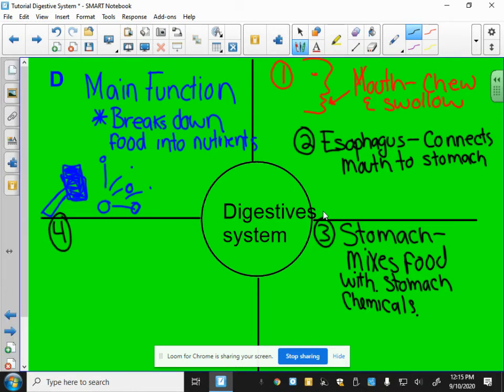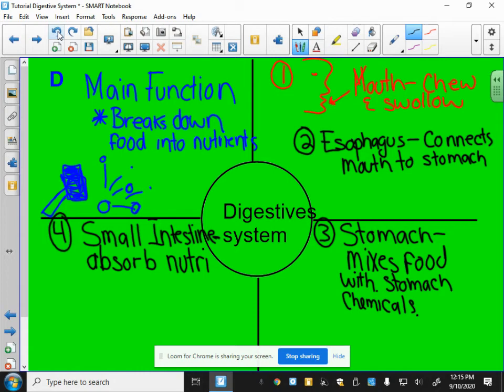Number 4, we have the small intestine. And the small intestine main job is to absorb all the nutrients that are coming from the stomach. At this time, the food has been broken down so much into smaller pieces that it can now be used by the cells in the body. The small intestine absorbs nutrients.